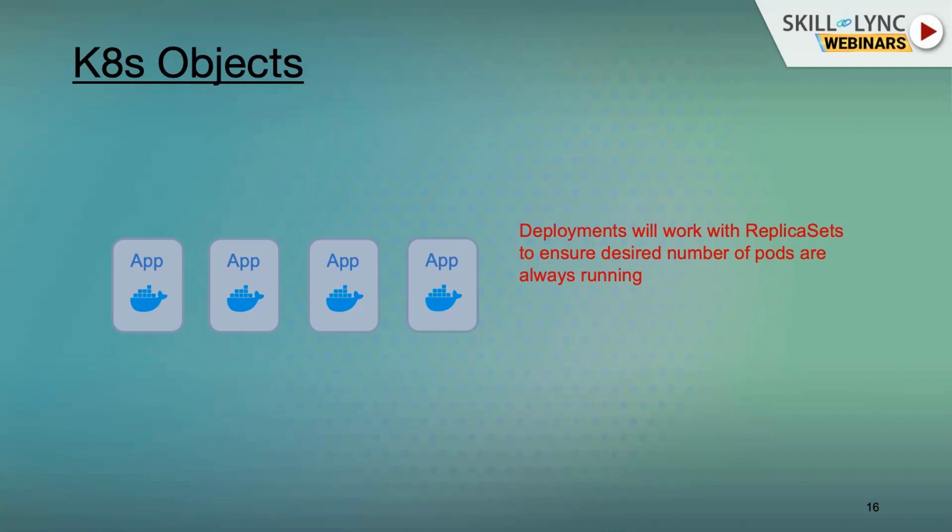Now, let's say you updated the code, and now you want to release version 2 of your application. That also is taken care of by the deployment.